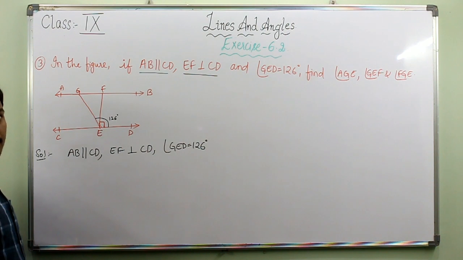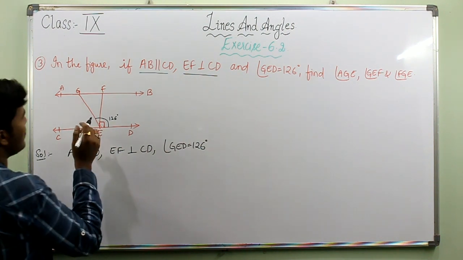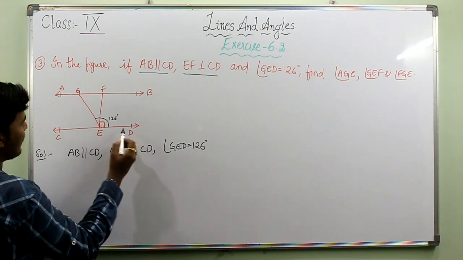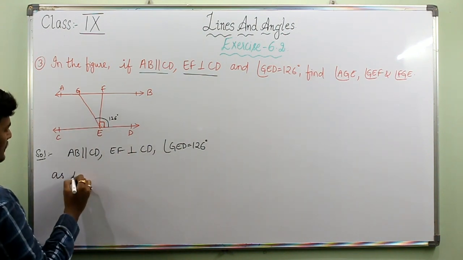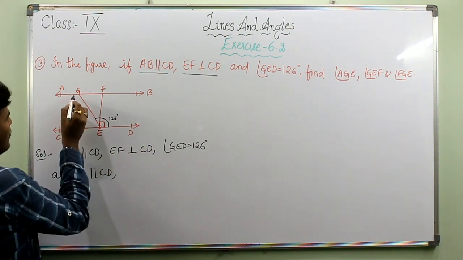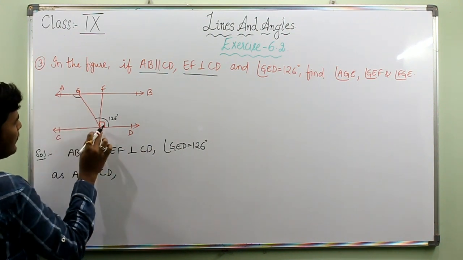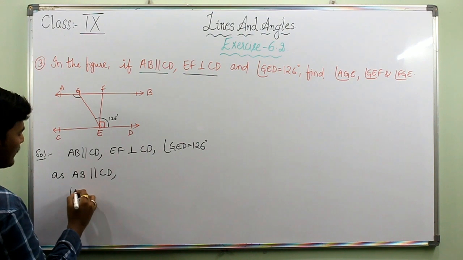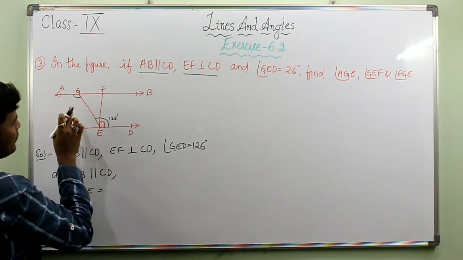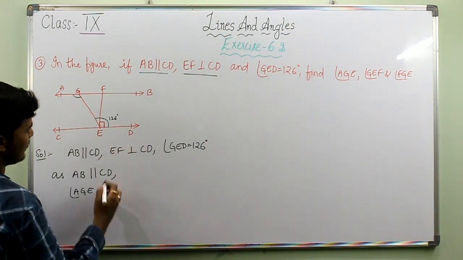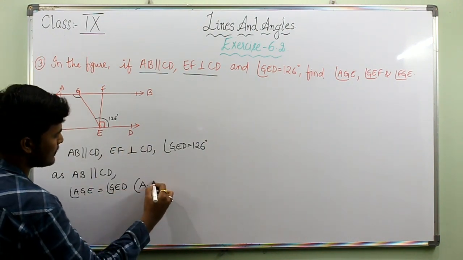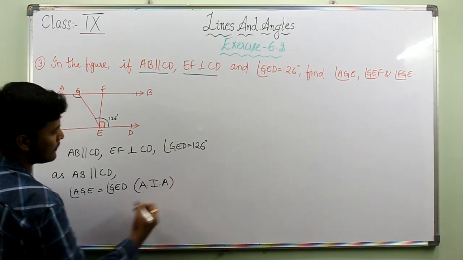Okay, so now if you see carefully here, as AB is parallel to CD, angle AGE is equal to GED, because alternate interior angles.